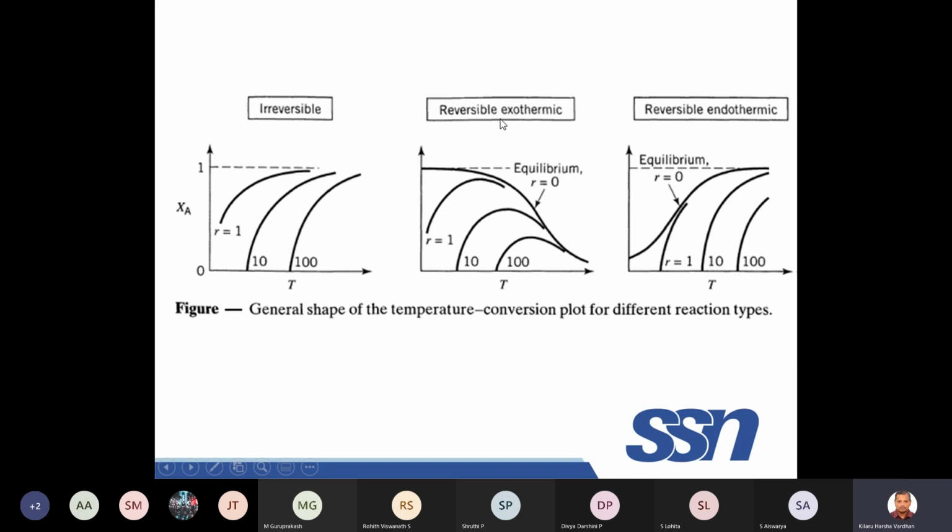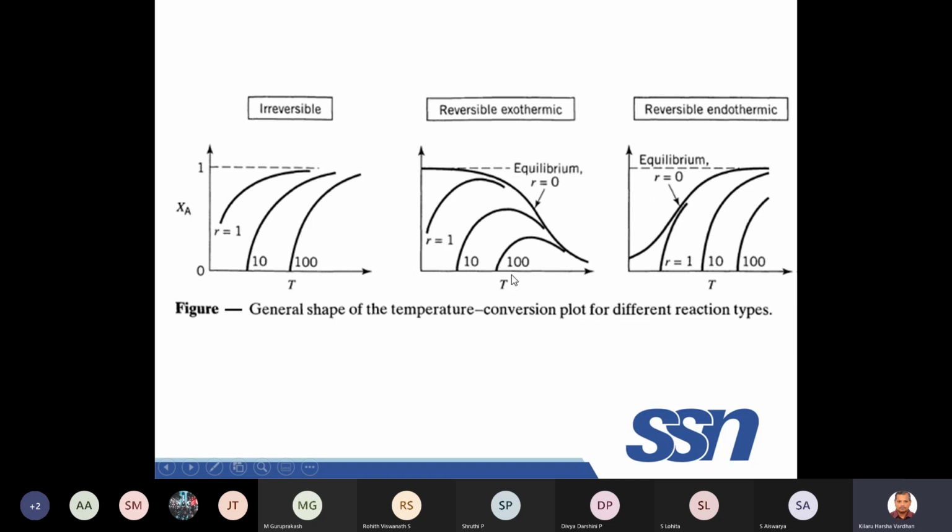Now what will happen if it is reversible exothermic? That means the process is reversible, A is giving R is giving A, and the reaction is exothermic, so the heat is being liberated on its own. When the heat is being liberated on its own, what will happen? As you increase the temperature, in any curve, R is 1, R is 10, R is 100.